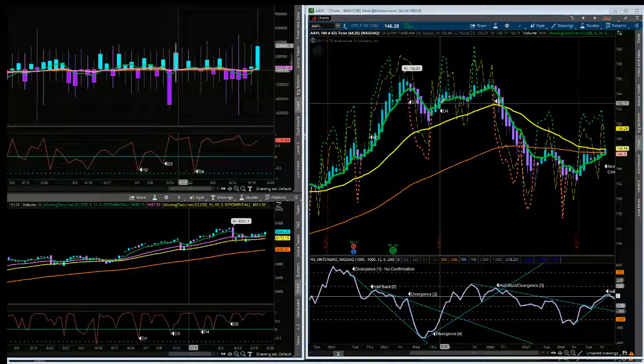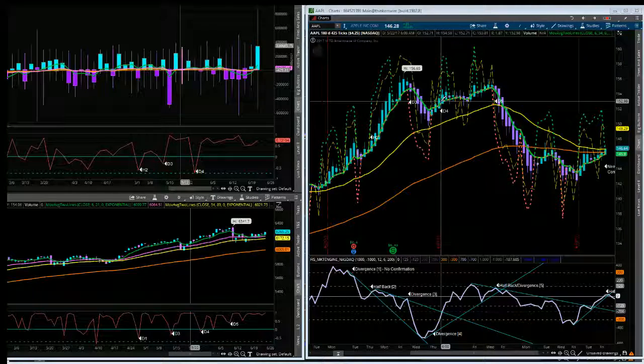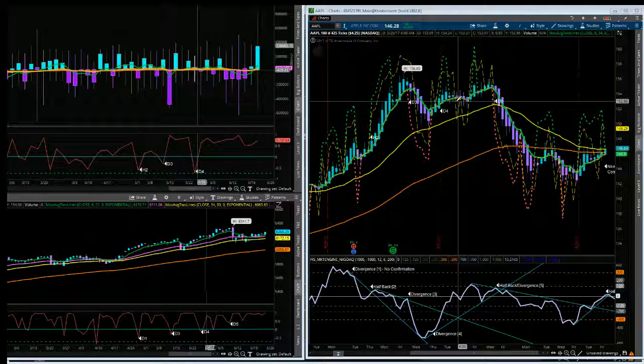Now, I know some folks will take the trade right there without, especially in Apple, having the gear shift take place yet, because it hadn't yet at this point. That's certainly your choice. It's your risk tolerance at that point. I like to wait to see if that happens, and it does here.